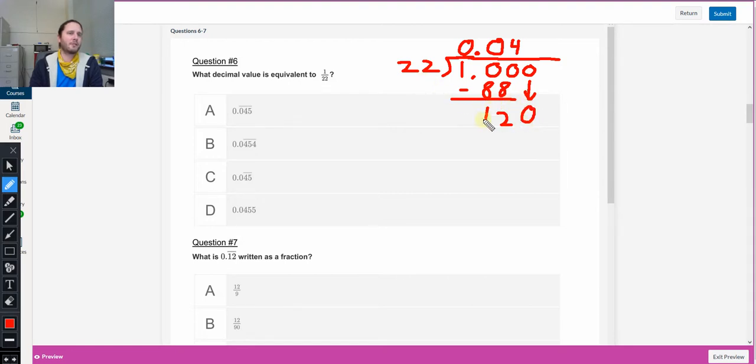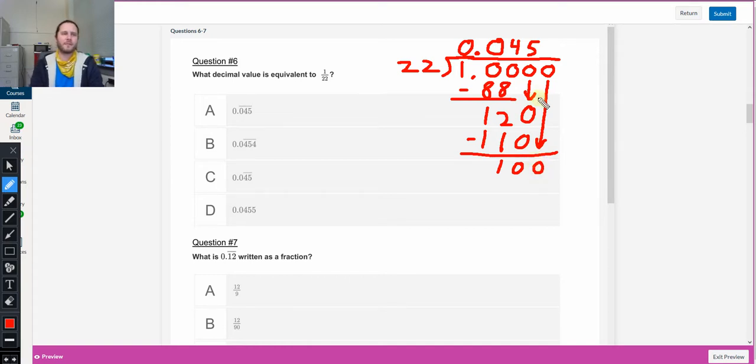22 will go into 120. It's going to be 5 times. So 5 times 22, that's going to be 110, I believe. So 110. So it gives me a leftover of 10. Add another 0, bring it down, and we can start ruling out some answers.